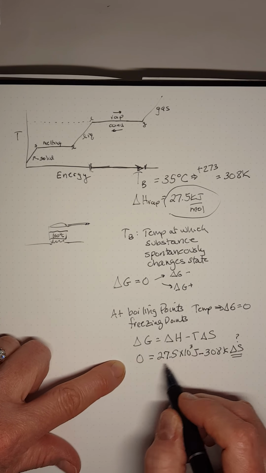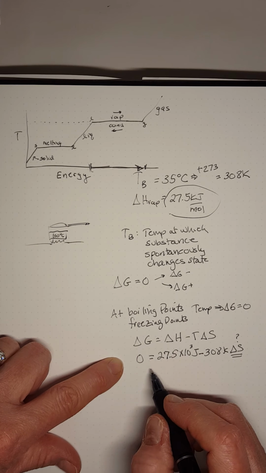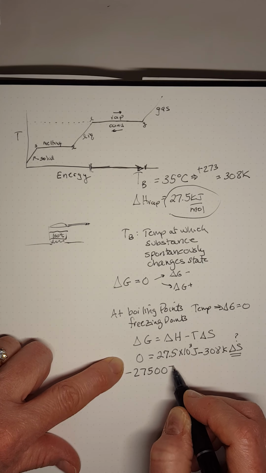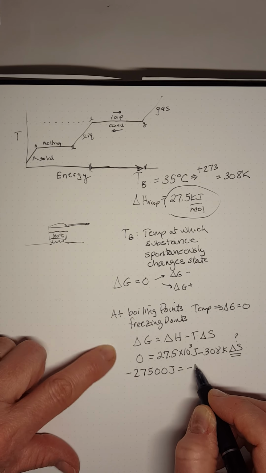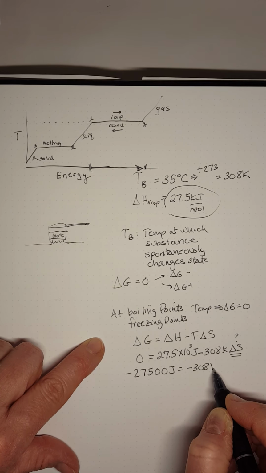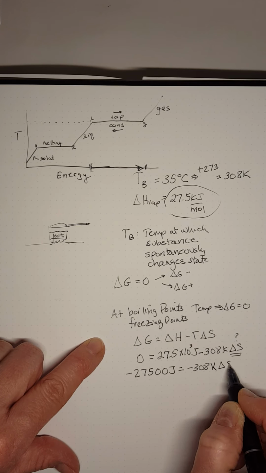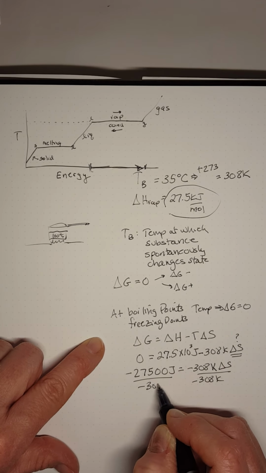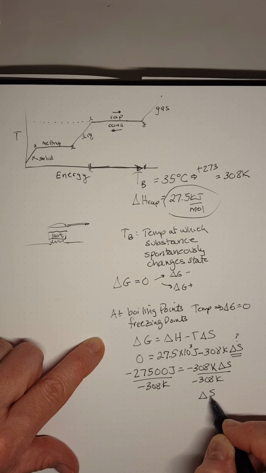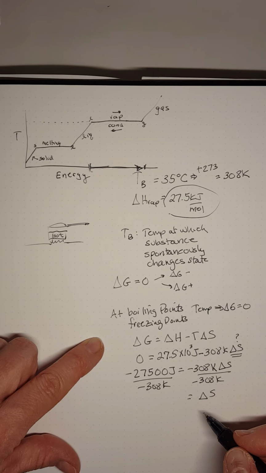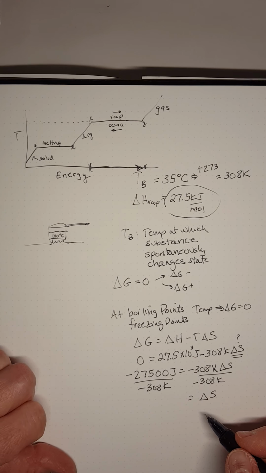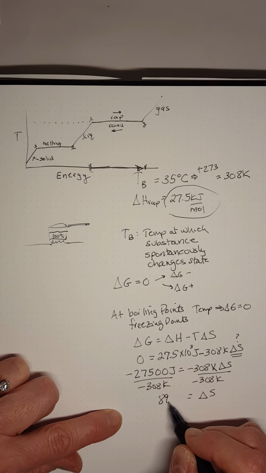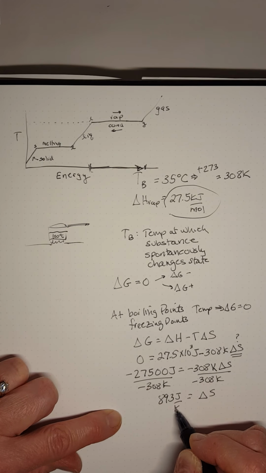Okay, and so if I subtract my 27.5 times 10 to the 3, I'm going to write it out, 27,500 joules equals negative 308 K times delta S. So I'm going to divide by negative 308 Kelvin. And when you do that, you find that delta S comes out to be 89.3 joules per Kelvin.